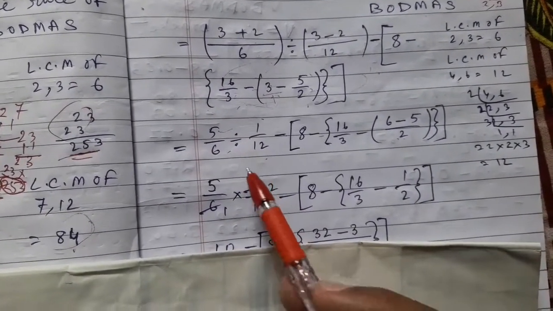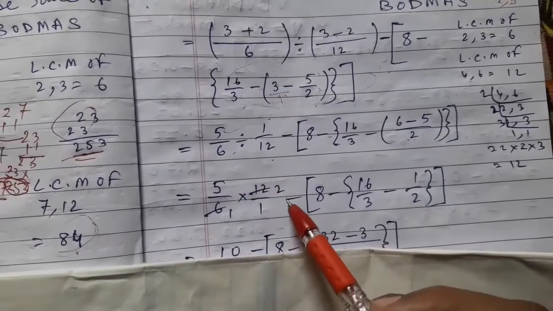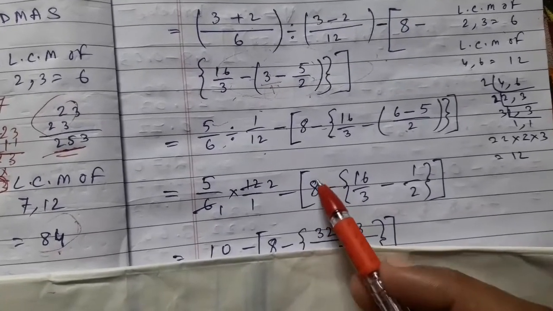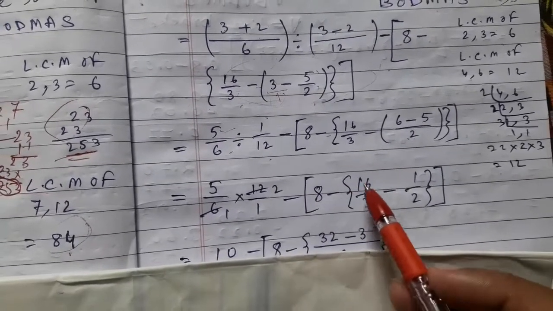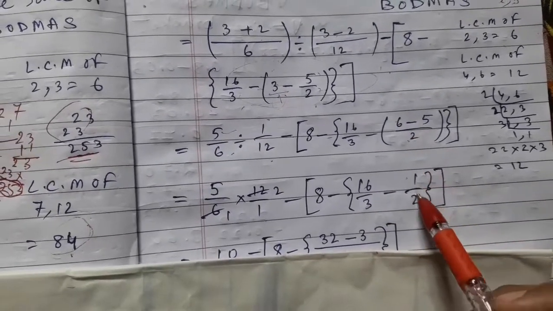There is a divide, so we have to take the reciprocal. 5 by 6 multiply 12 by 1 minus rectangular bracket 8 minus curly bracket 16 by 3 minus 6 minus 5 1 by 2.